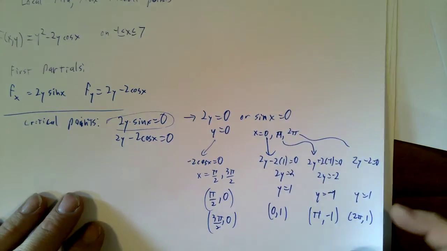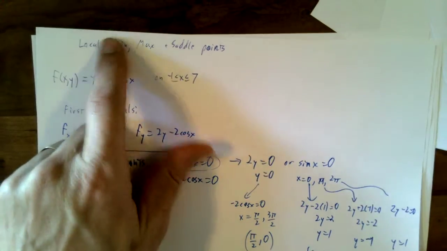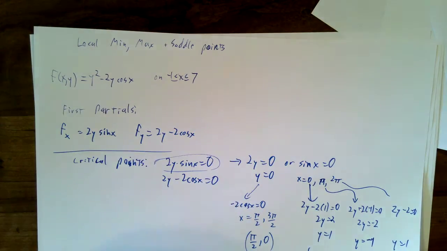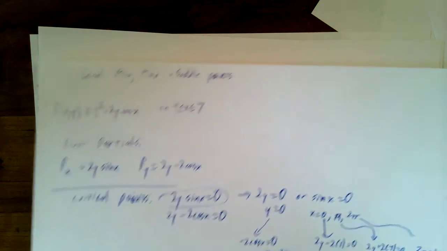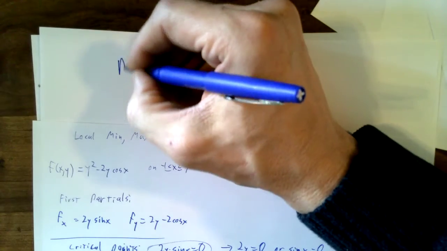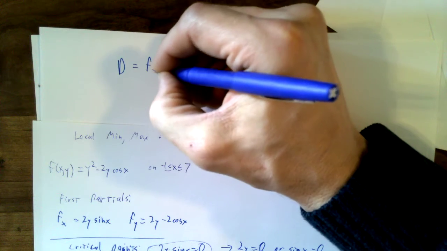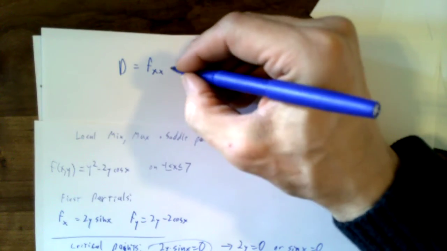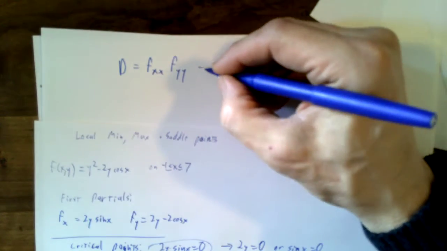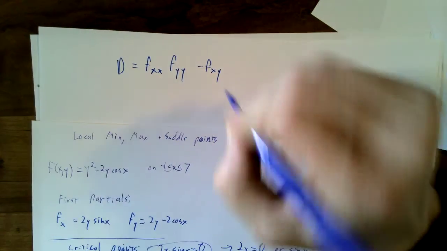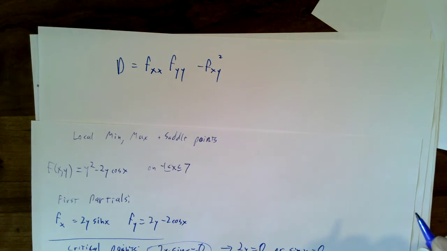We want to classify those as either local min, local max, or saddle points using this determinant thing that we called capital D, which was the product of those partials minus the mixed partial squared, sort of a determinant thing.